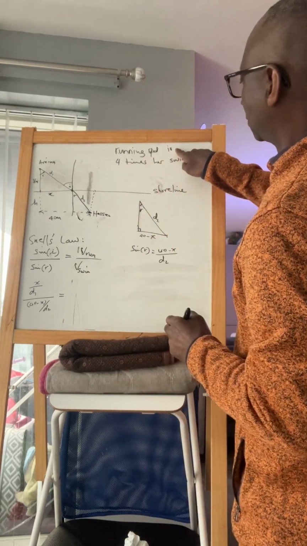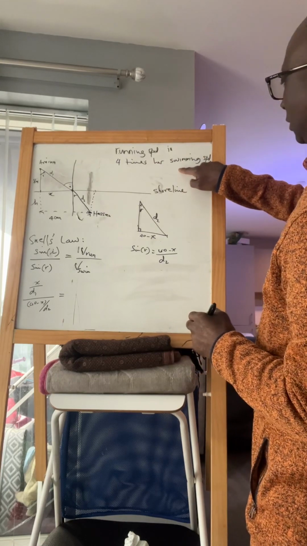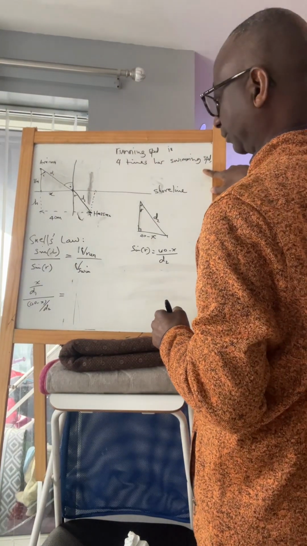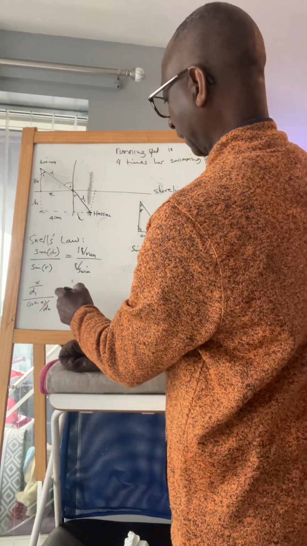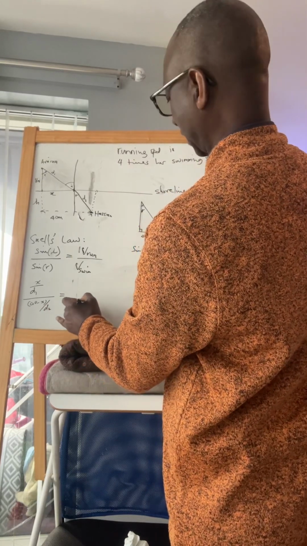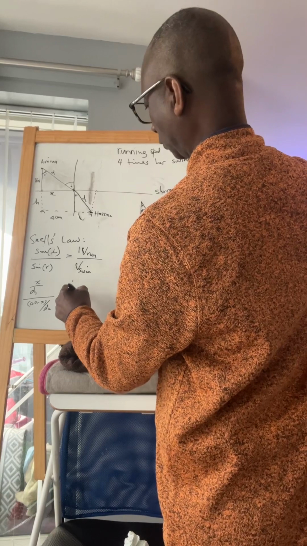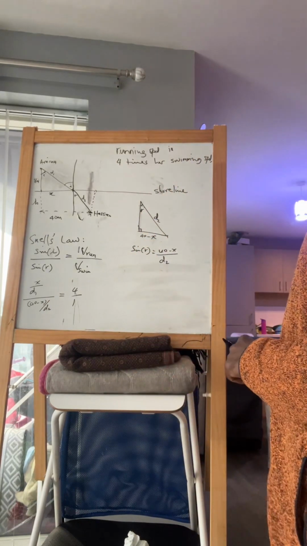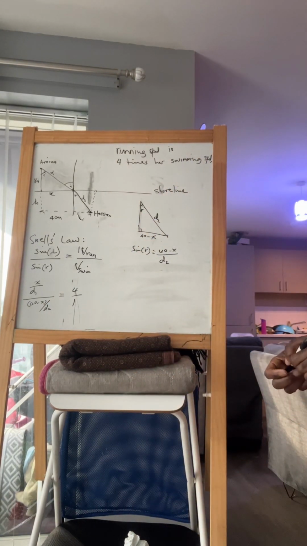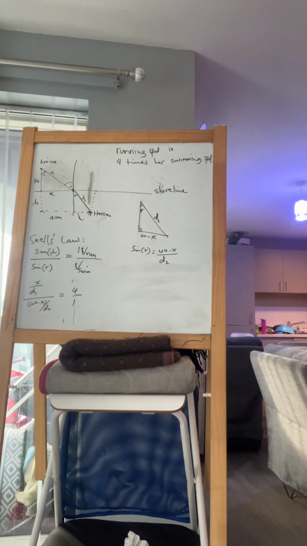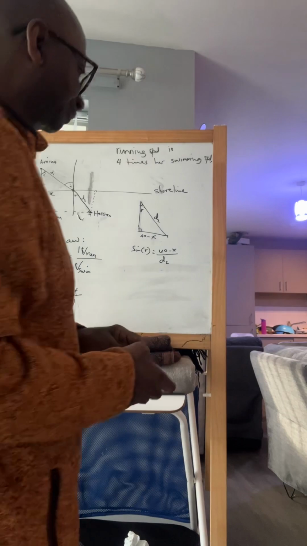We say the running speed is 4 times her swimming speed, so 4 over 1, which is 4. All that is left is algebra. Problem is solved.